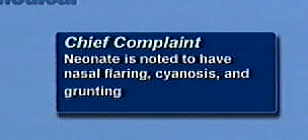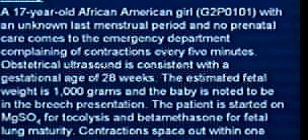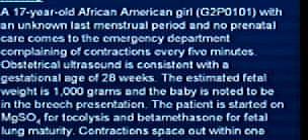The next case that we're going to do is a neonate who presents with nasal flaring, cyanosis, and grunting. You have a 17-year-old African-American girl with an unknown last menstrual period and no prenatal care who comes to the emergency department complaining of contractions every 5 minutes.